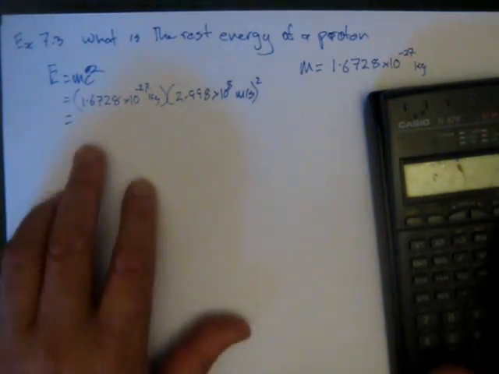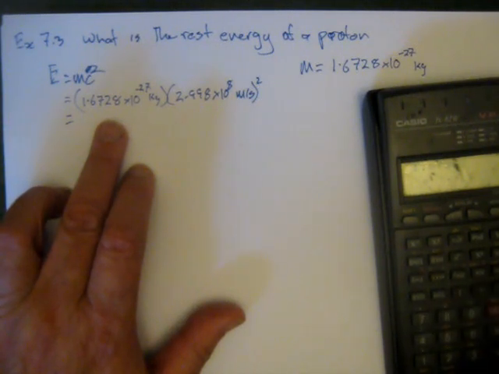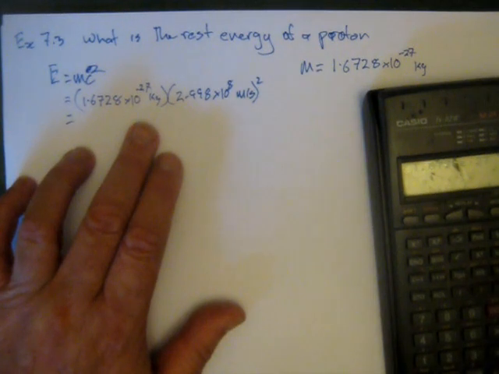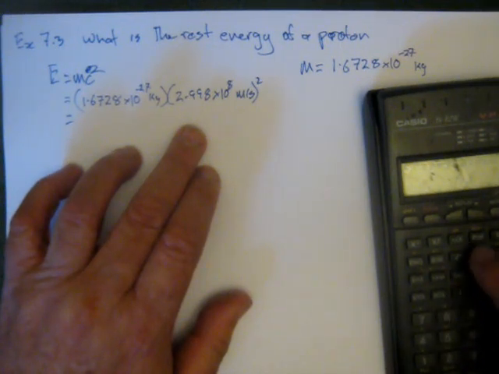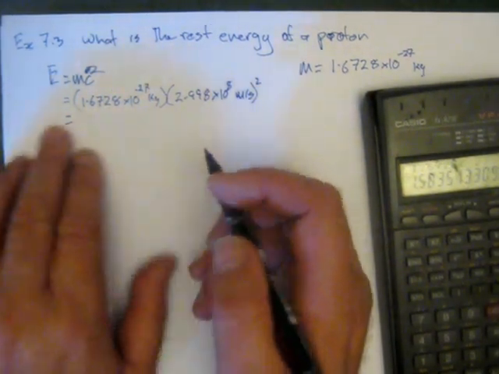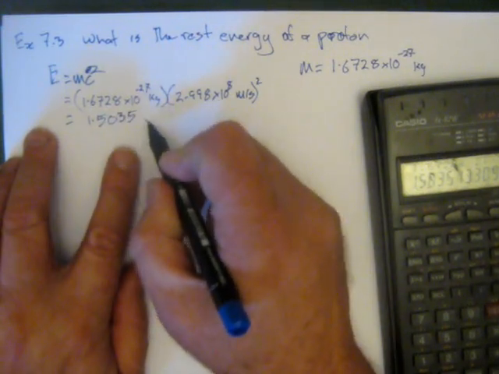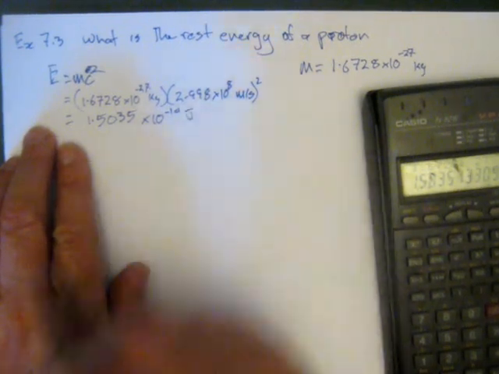Okay, so 1.6728 x 10 to the minus 27, times 2.998 x 10 to the 8, and then we square that, equals, I make that as 1.5035 times 10 to the negative 10 joules.